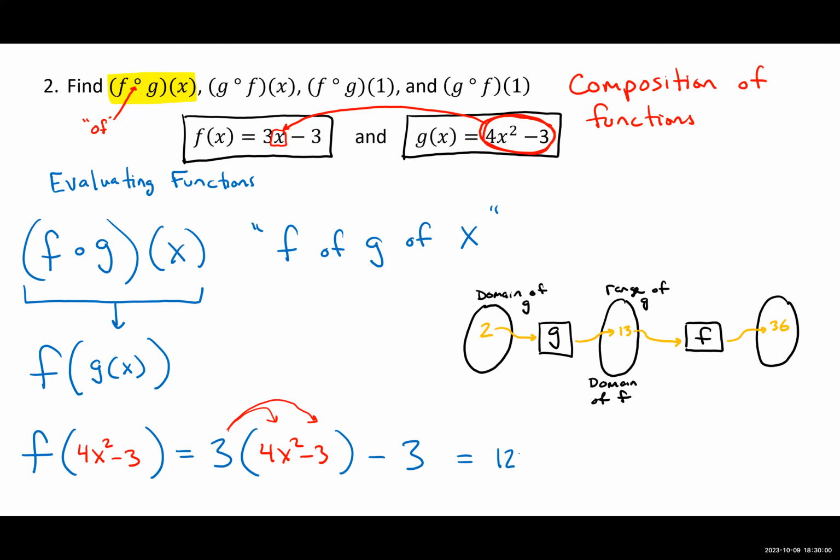So that's 12x squared minus 9 minus 3. Right, 3 times 4x squared is 12x squared. 3 times a minus 3 is a minus 9. There's still a minus 3 there. So that's 12x squared minus 12.